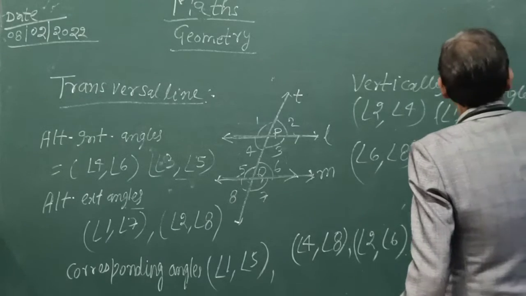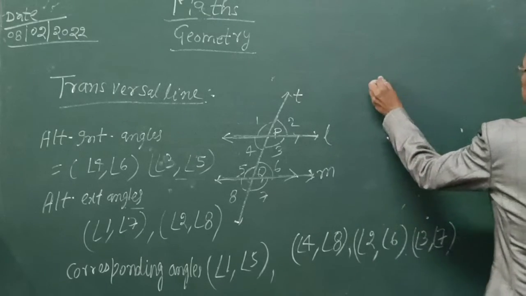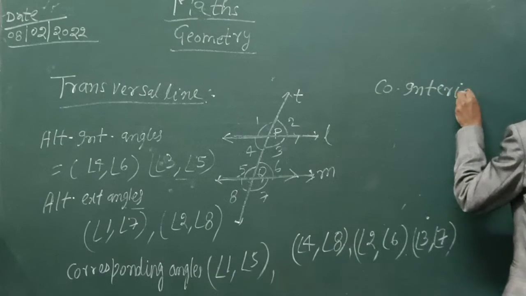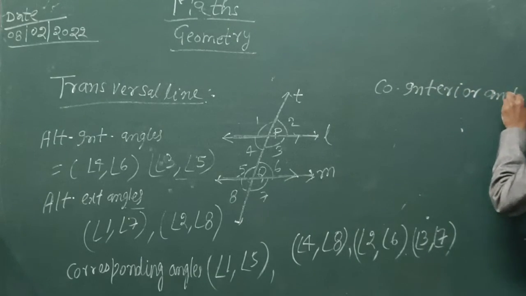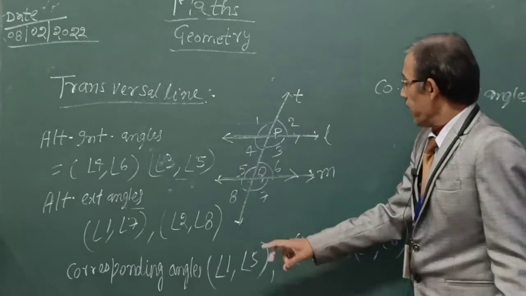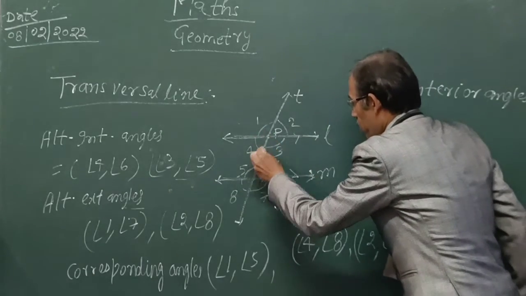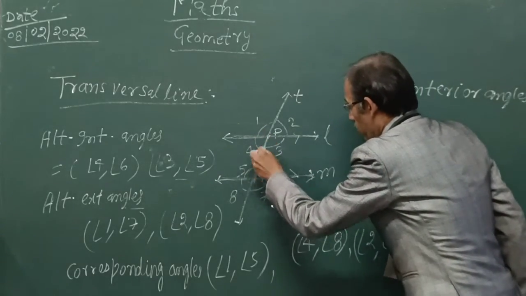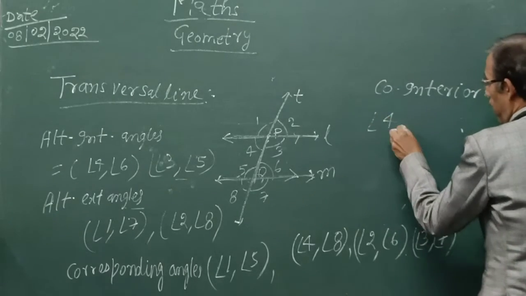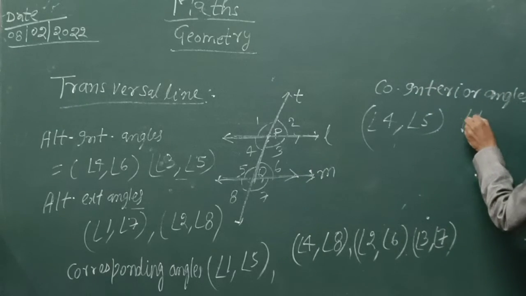Now, co-interior angles. These are angles on the same side of the transversal line, which means angle 4 and angle 5, and angle 3 and angle 6.